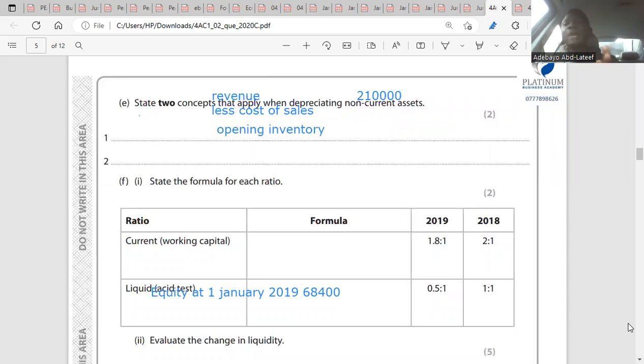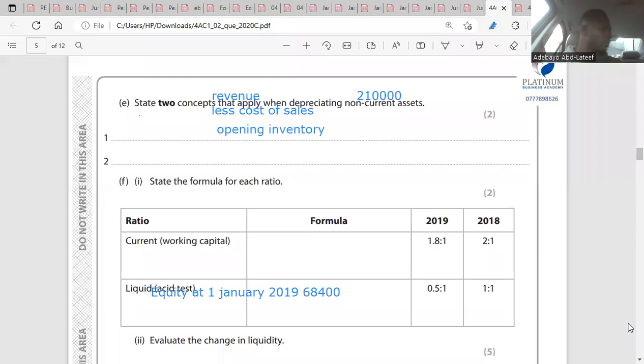So whatever accounting concept we have to use, they are all accounting concepts that could work for depreciation. So we can talk about accrual concept, then consistency concept. These are concepts that we use when we are depreciating a non-current asset. Is it clear? All right.